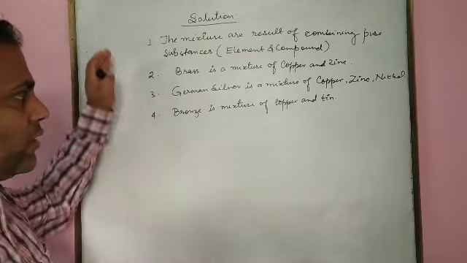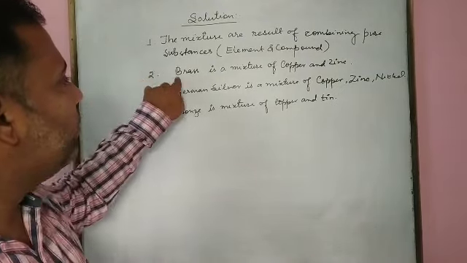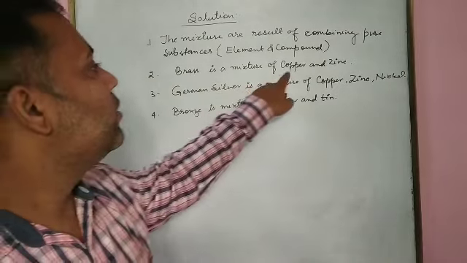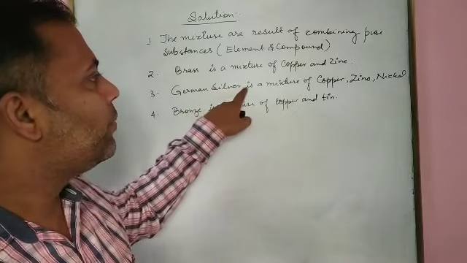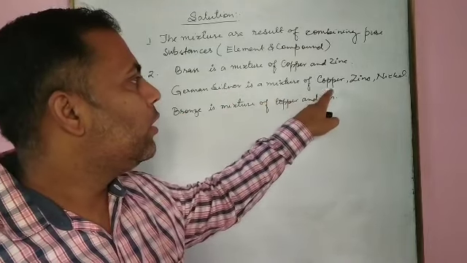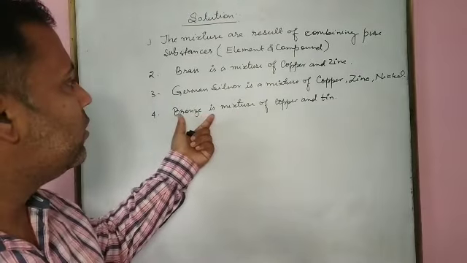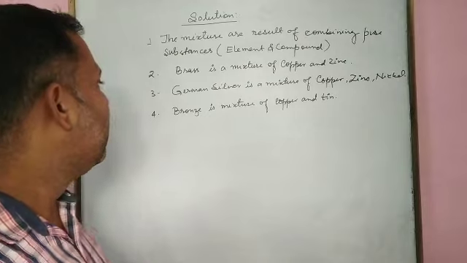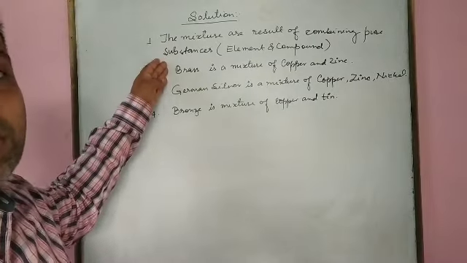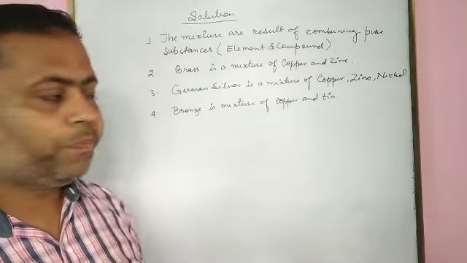Here we have various examples by which we can know the utility of the mixtures depends upon its composition. The property of the German silver is dependent upon its composition, that is copper, zinc and nickel. The property of the bronze is dependent upon its composition, that is copper and tin. It means how a mixture is important to us depends upon its composition.